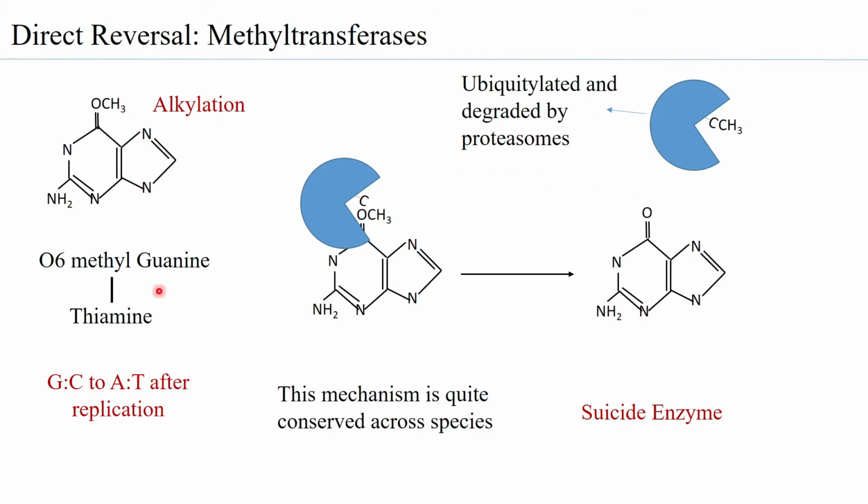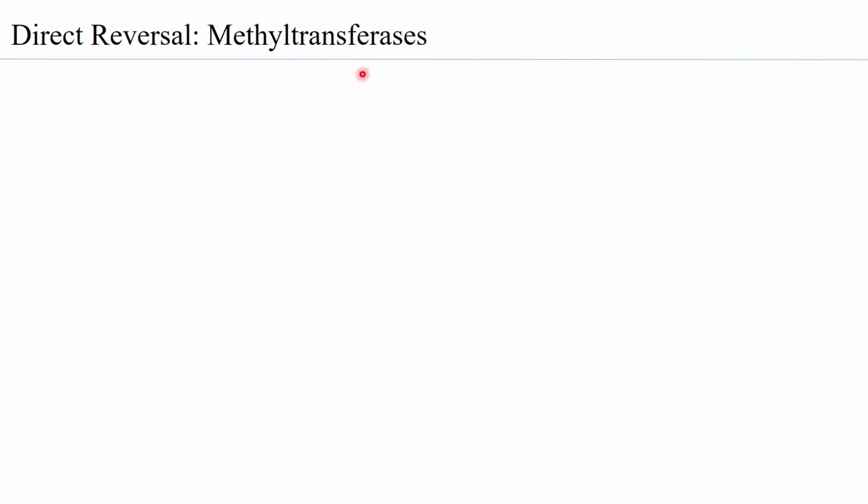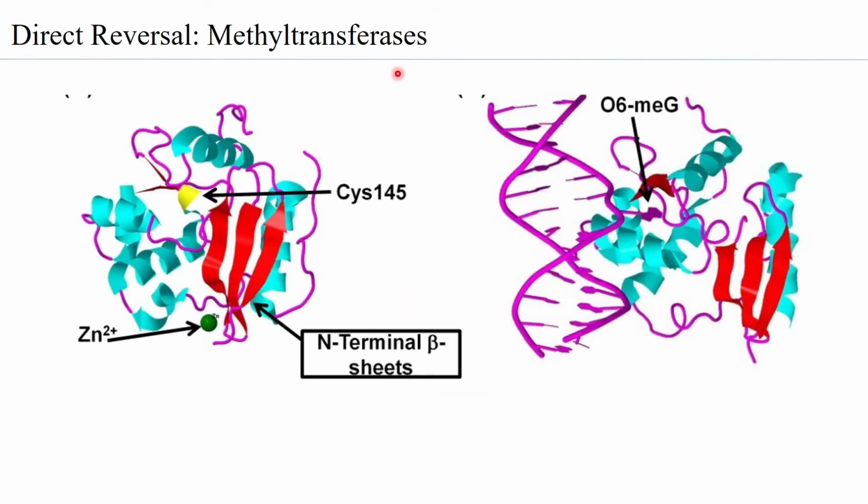So that is very interesting: methyltransferases become inactive, but they are saving the DNA from the consequences of the methylation, and that is how this enzyme is sacrificing itself for genomic stability to be restored. Now, let us look at the structure of the methyltransferases.